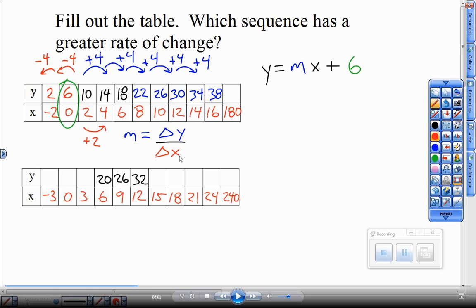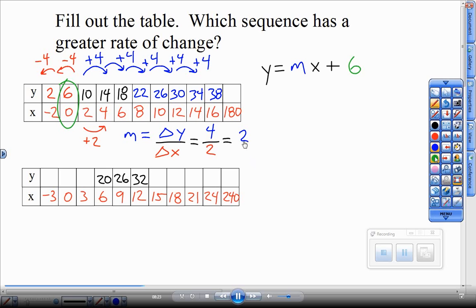Y up high. So again, for this problem, each time the y number is going up by 4, that x number is going up by 2. So for this, because it's not just going up by 1, I got to actually do a little division here. And that gives me 2. And that is my rate of change.